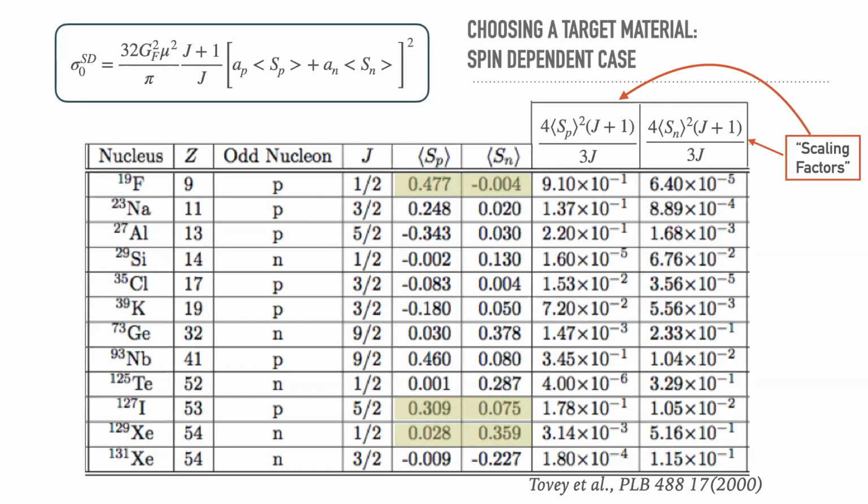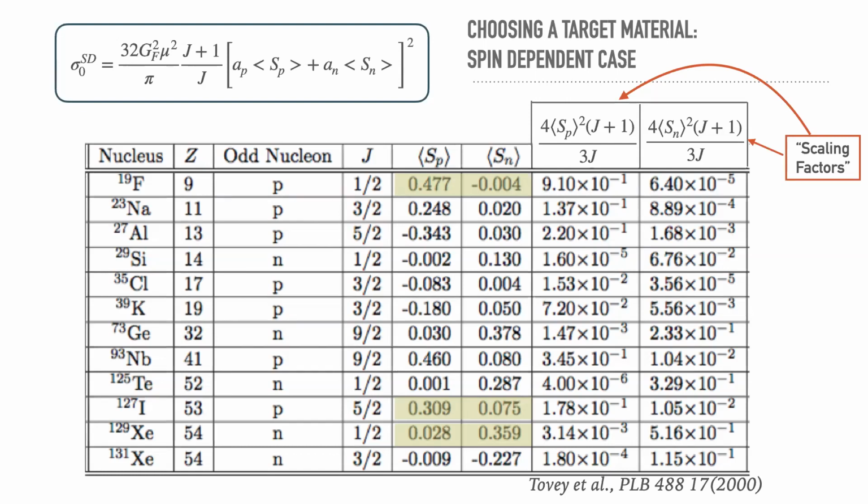So in the spin-dependent case, the coupling is happening to either a proton or a neutron in the nucleus. When you have the interaction, you can think of it as that the WIMP, when it comes in and it's scattering, does suddenly care about the structure of the target and the protons and the neutrons, and is either more favorably interacting with a neutron or maybe more favorably interacting with a proton for whatever reason.